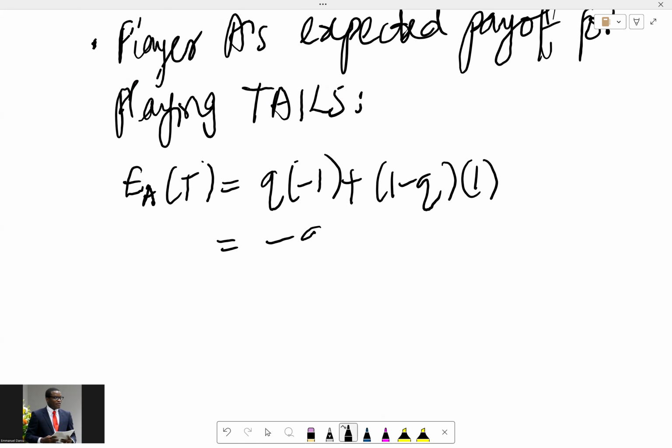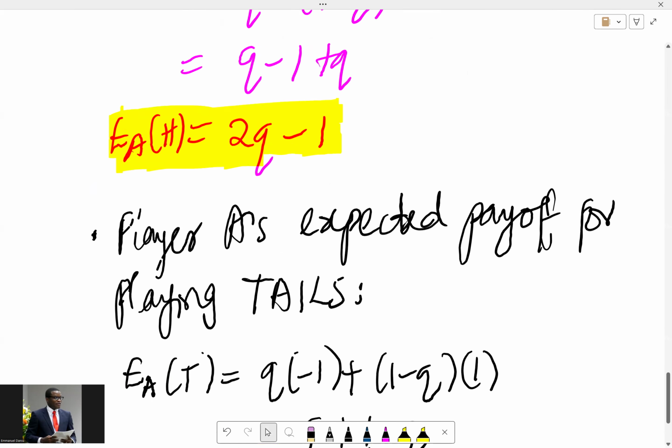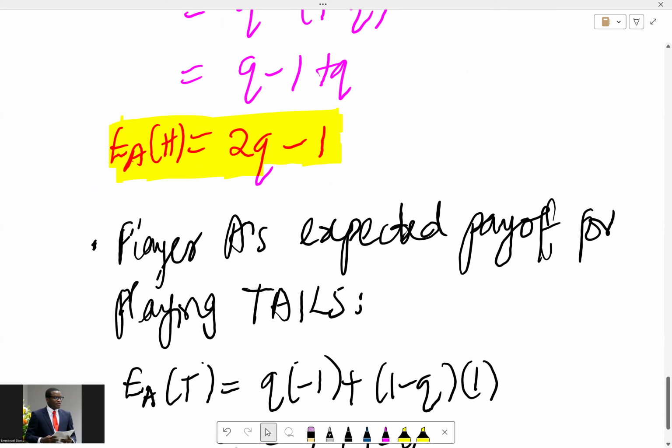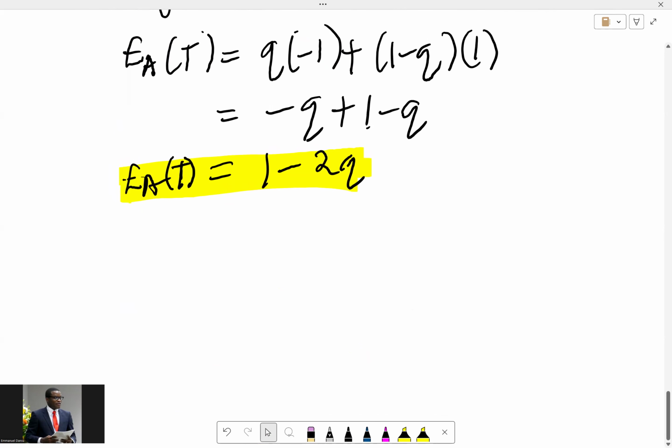So that means we have minus Q plus 1 minus Q, and that is simply 1 minus 2Q. So this is EAT. This is also important: E of AT is 1 minus 2Q. In the other case, E of AH was 2Q minus 1.